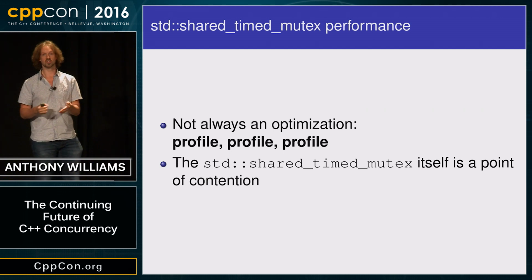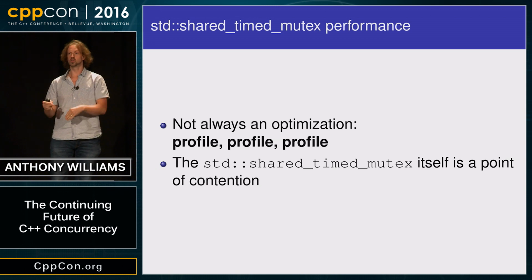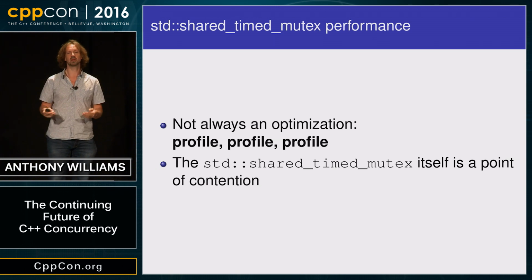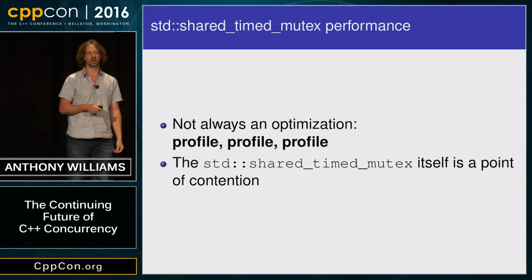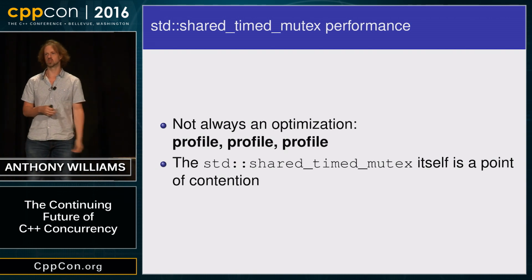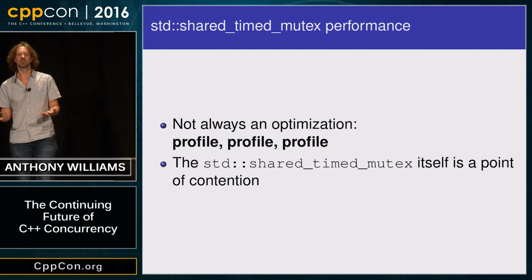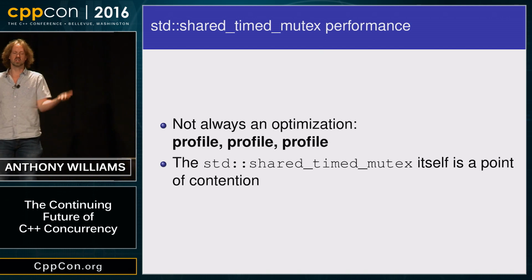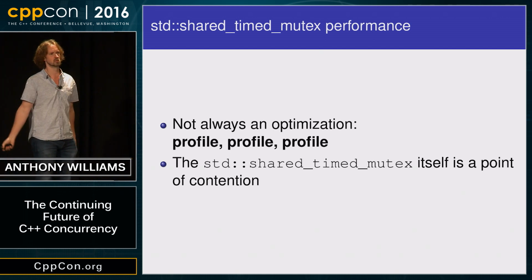Like any optimization, profile beforehand, profile afterwards. You might find in your case that it's actually better just to use a plain standard mutex. And this will probably vary between platforms, and possibly even with standard library implementations on the same platform. So if you're porting across multiple platforms, you need to profile on all the platforms as well.